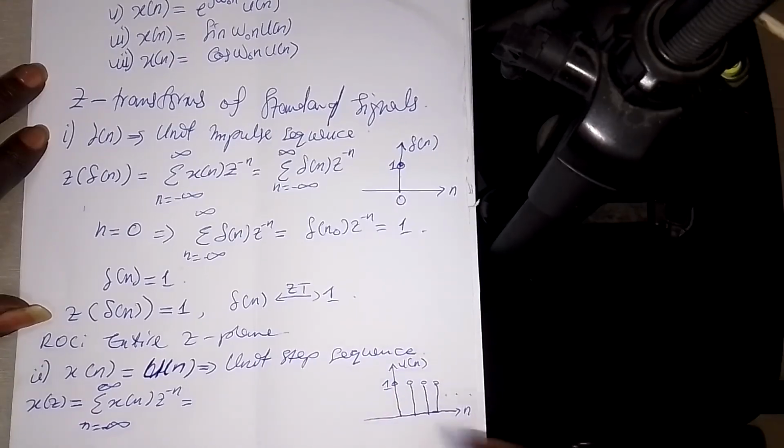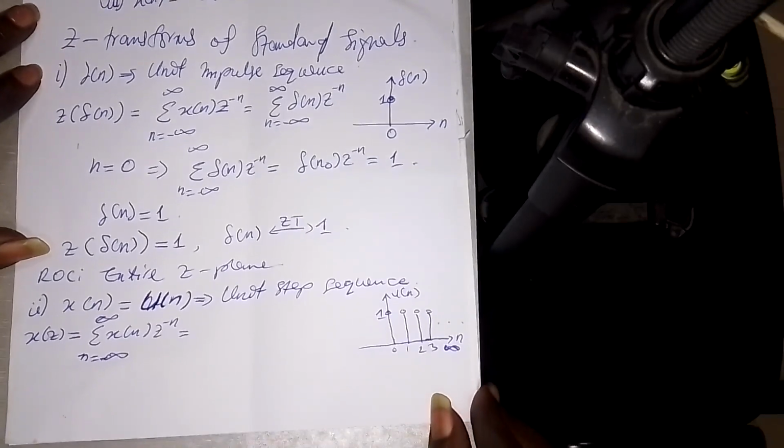It continues to infinity. Here is 0, 1, 2, 3, because u of n means that n starts from 0 to infinity. So this is a unit step sequence, going to infinity.